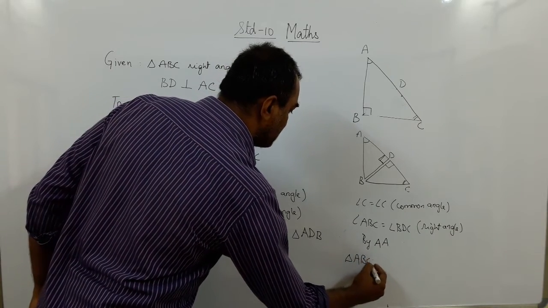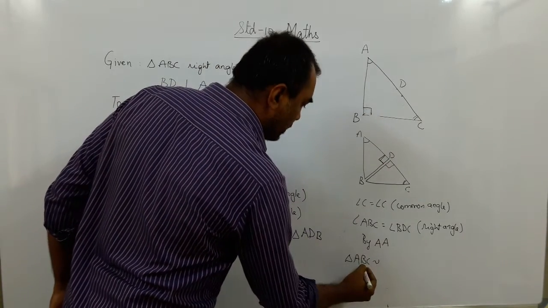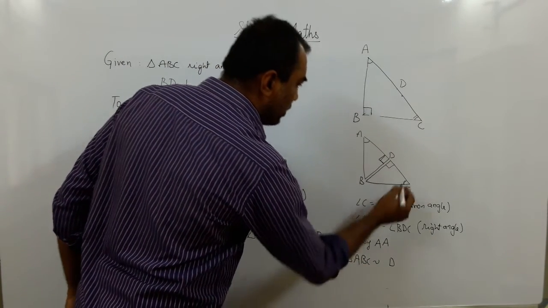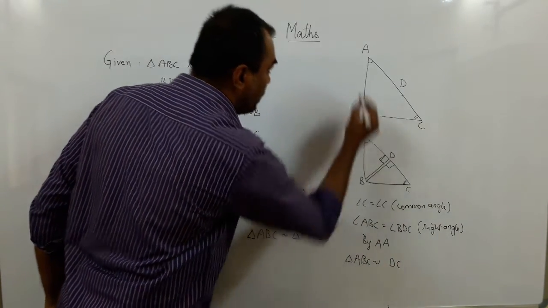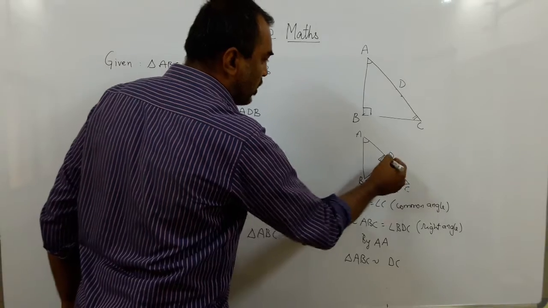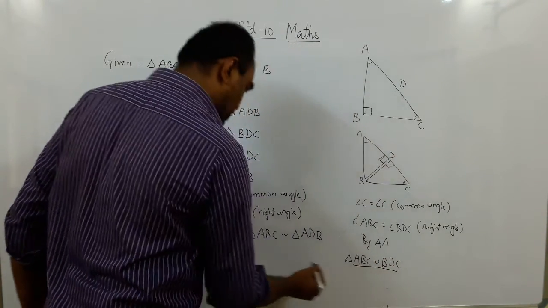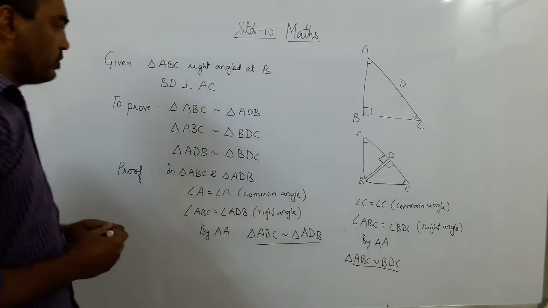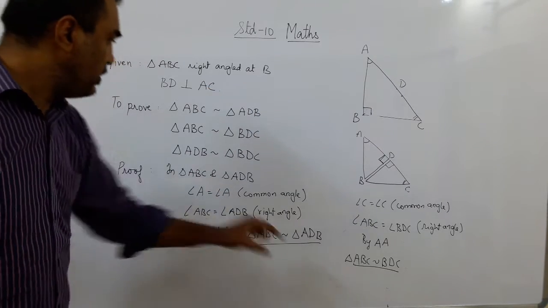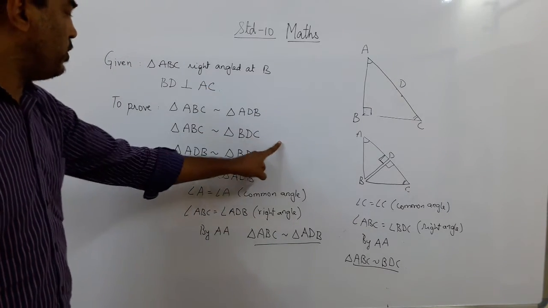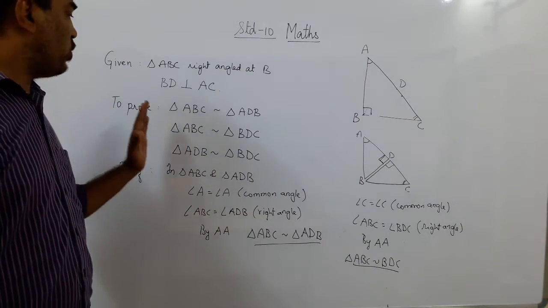Triangle ABC. This time we relate the B with the D. The C is common to both, so with the C comes the C. And in the bigger triangle we have the A, and in the smaller triangle the third one is the B. So both of these are proved. ABC is similar to ADB. ABC is similar to BDC. From 1 and 2, ADB is similar to BDC. Okay, so this is what we have proved.